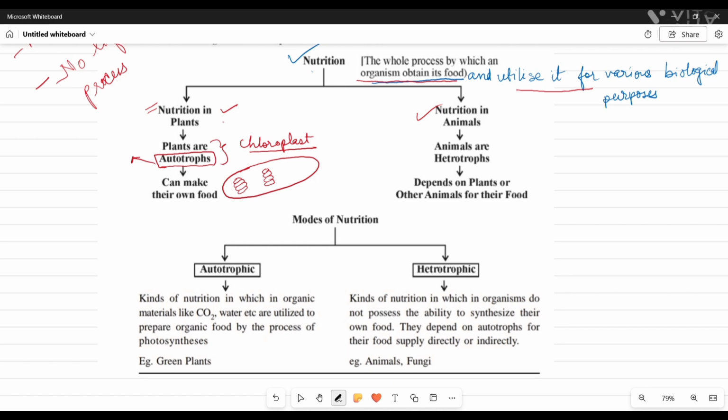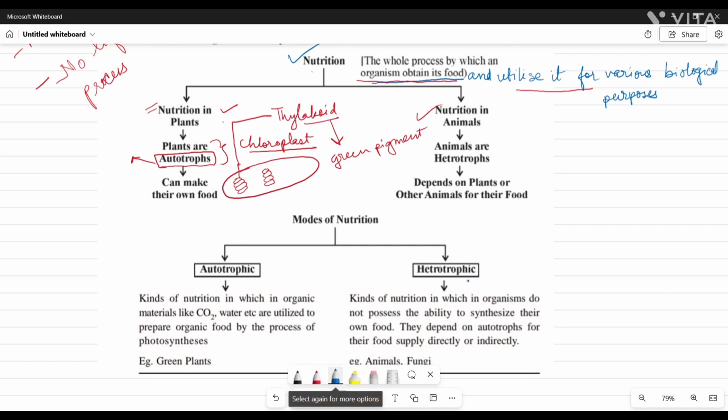In the chloroplast, the small coins are known as thylakoids. In the thylakoid membrane, a special green pigment known as chlorophyll is present.